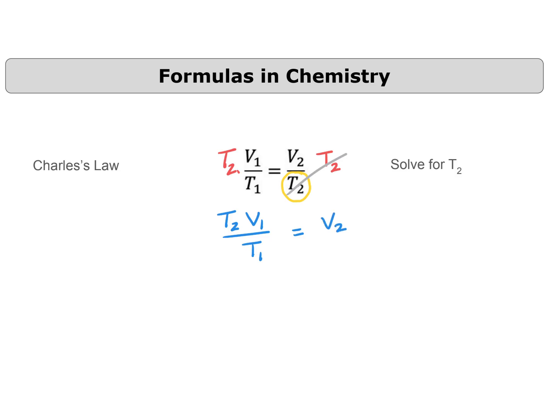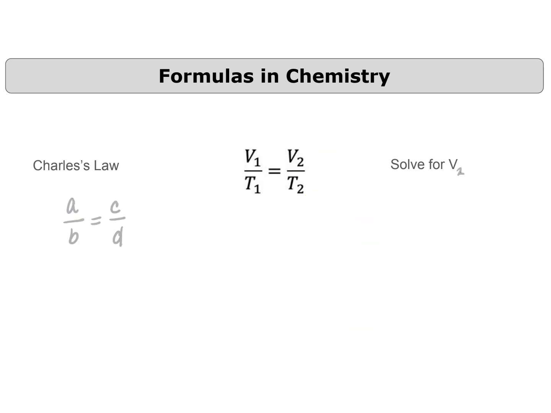And then we need to multiply the numerator by T1 and divide by V1 on both sides of the equation. Now our V1s will divide out, our T1s will divide out, and we are left with T2 is equal to V2 times T1 all over V1.